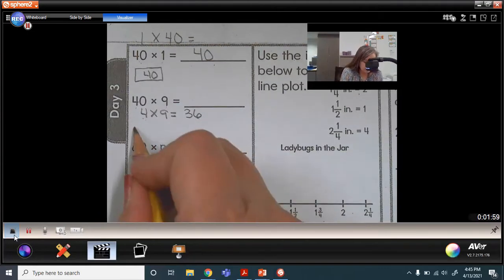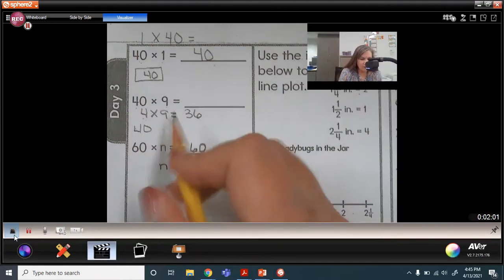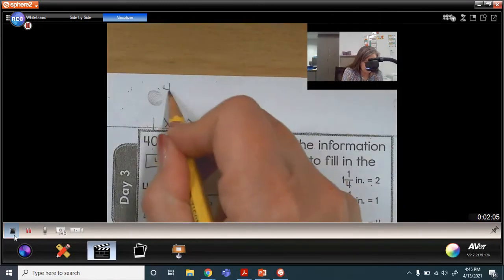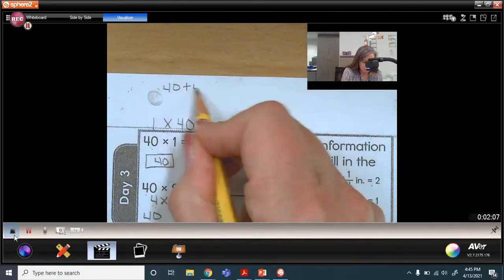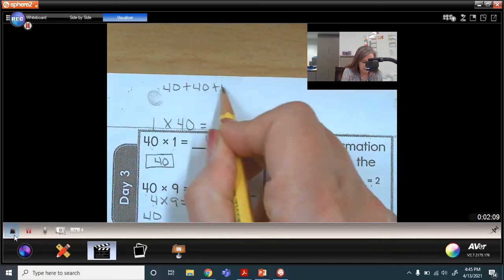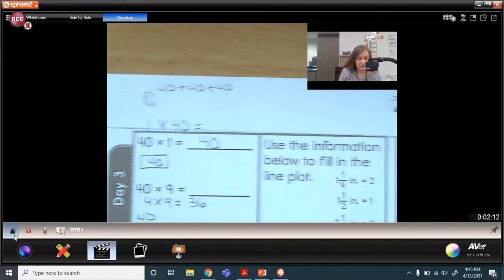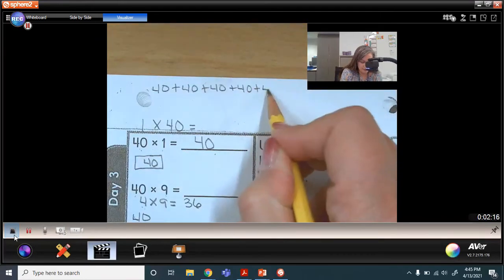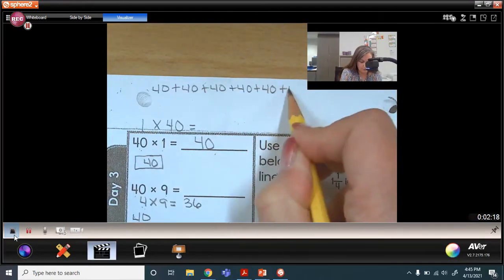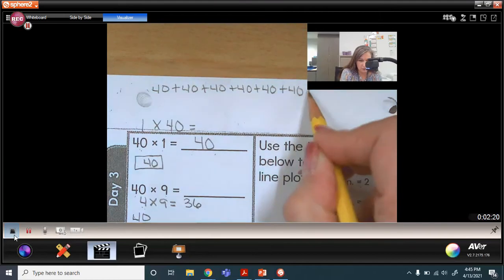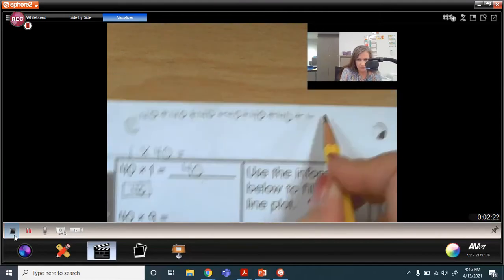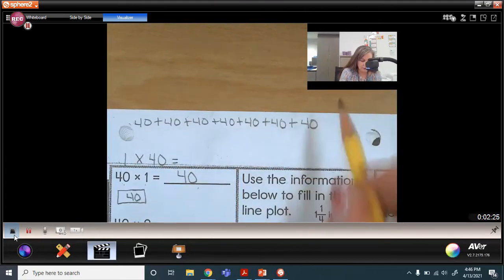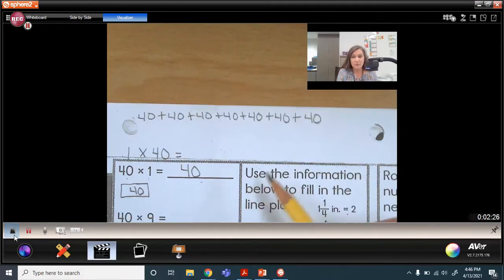So what that tells you is that I could use repeated addition and add groups of 40, but that might take me a little while, but that's okay, because remember, what we're looking for is to make sure that we're being accurate with our information.